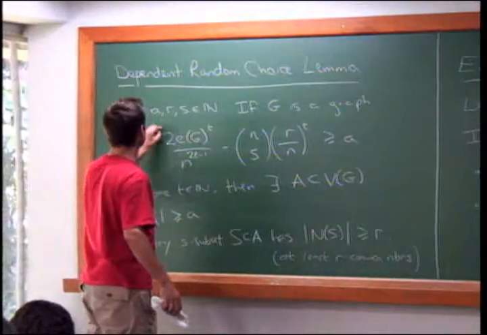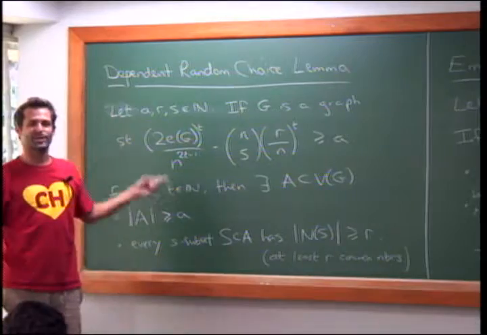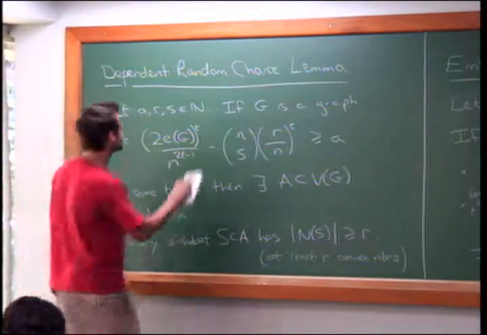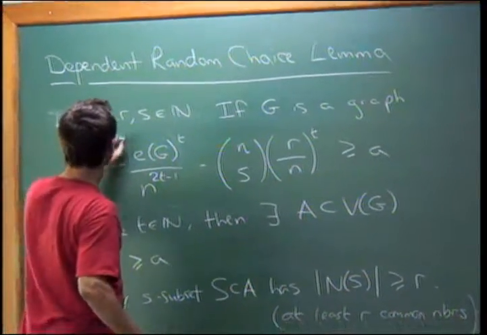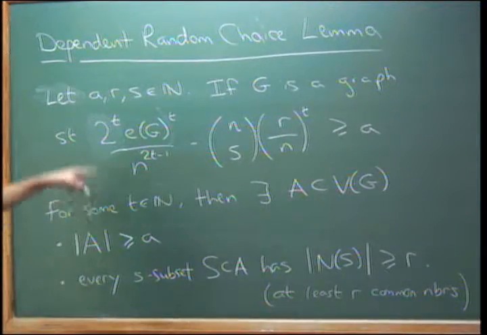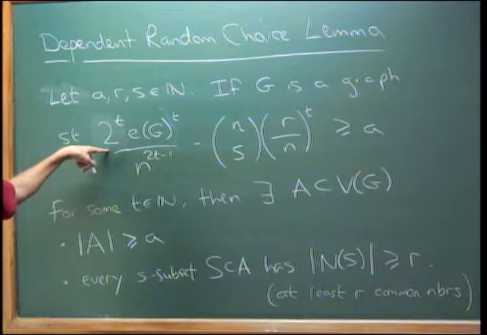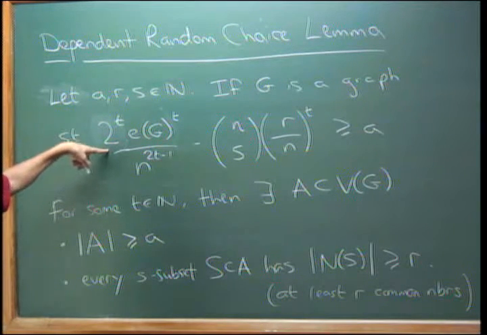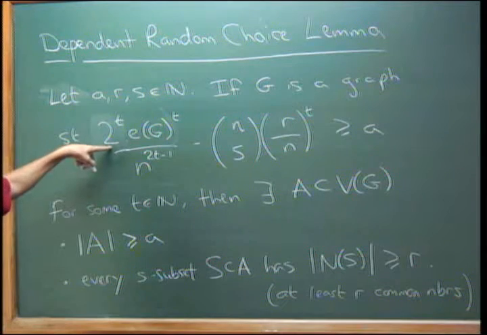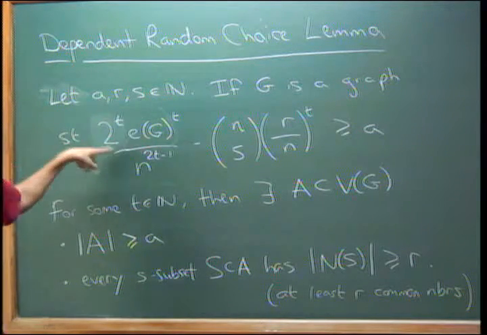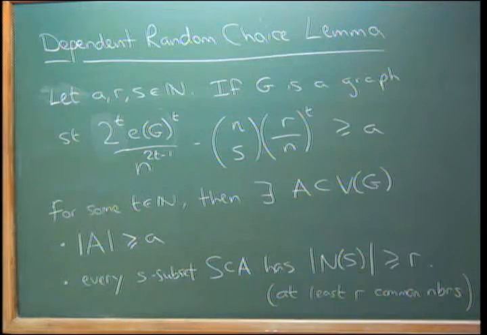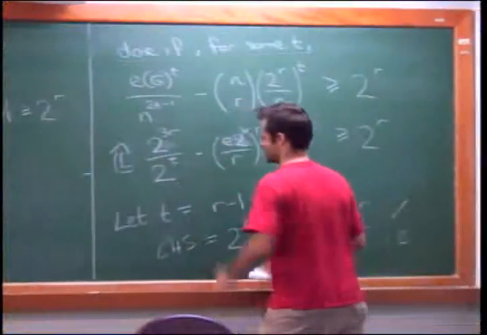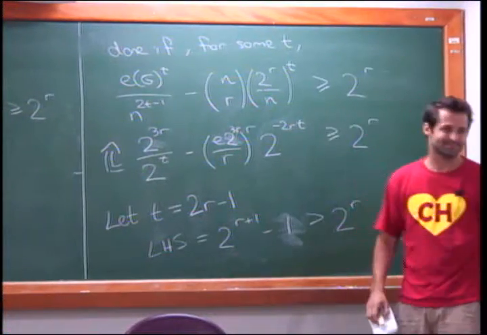But there's actually a 2 here, which I took out to make the statement prettier. Anyway, apologies for that. If you remember from several weeks ago, this comes from the fact that this is the sum of the degrees, which is twice the number of edges. So, thank you. In fact, you get a 2 to the t. So here there's only a 2 to the t.